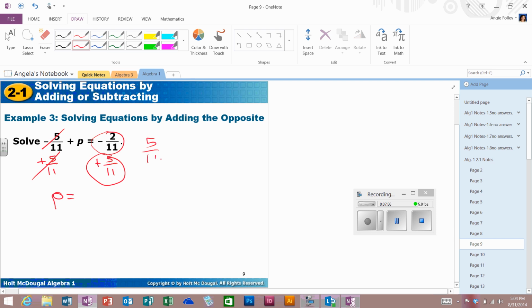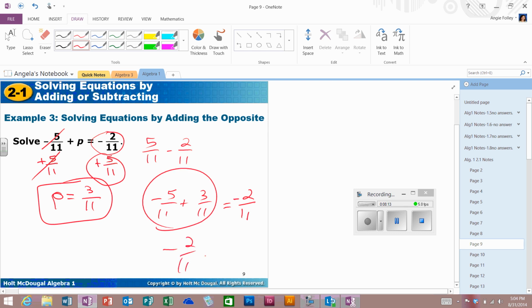Well, a 5/11 and a negative 2/11 is going to equal 3/11. Okay? And again, we should check our answer. So does this come out to negative 2/11? Yes, we're good to go.